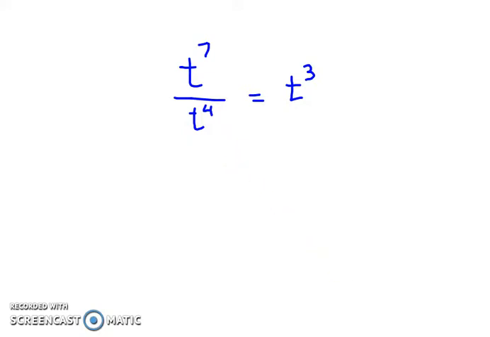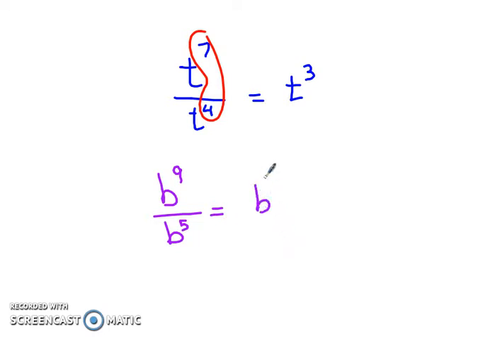And why didn't I just look over here and say, well, subtract the exponents? 7 minus 4 is 3. And that works great. If I end up with, say, b to the 9th over b to the 5th, well, when you cancel off 5 of the b's here with 5 of the b's there, you do get b to the 4th, which is what you get when you subtract the exponents. So I don't mind doing that at all.